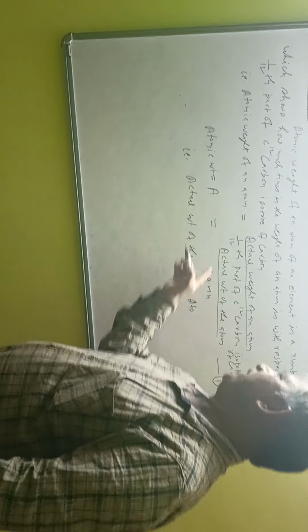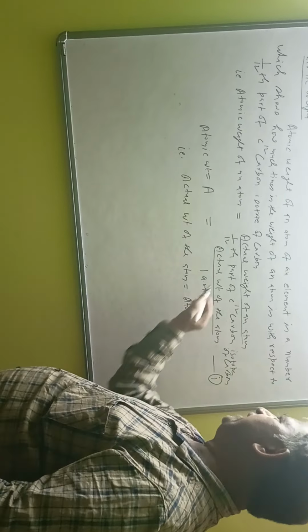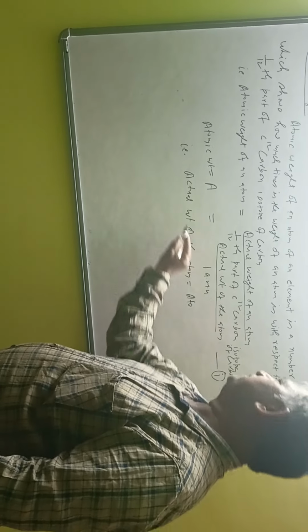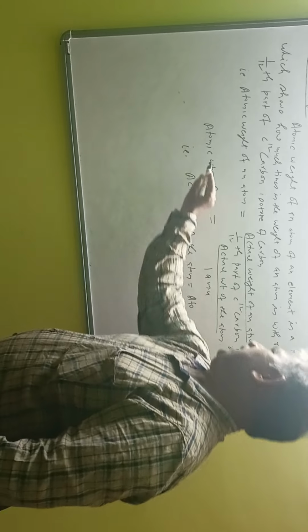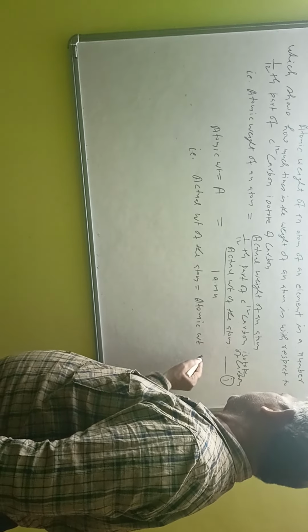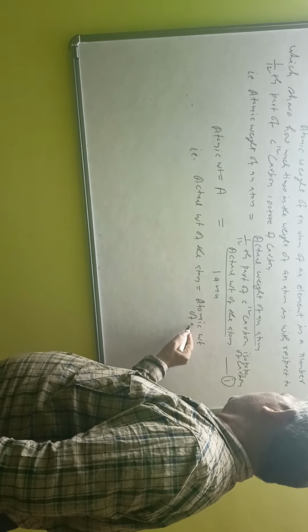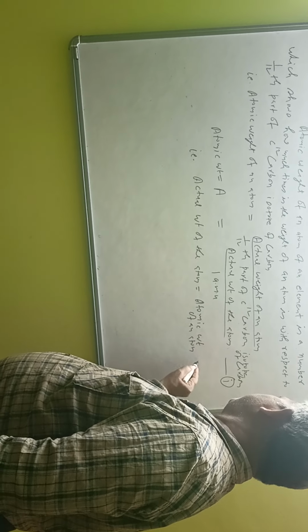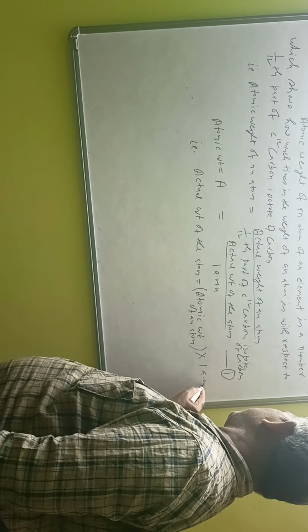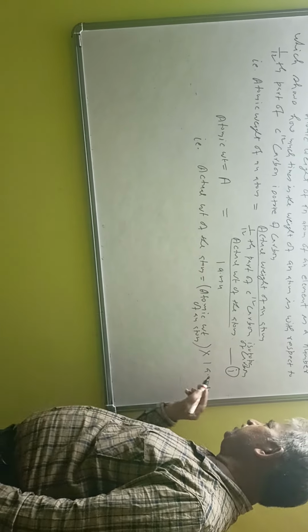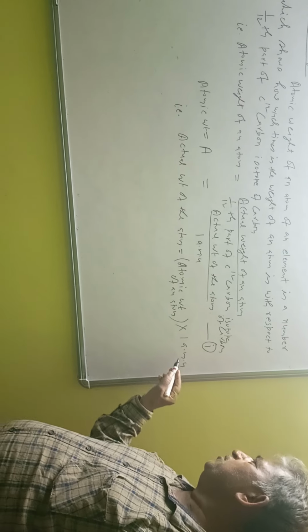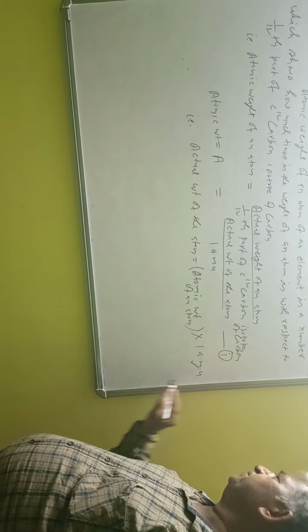So, by cross multiplication, we can get the numerator value, which is the actual weight of an atom, and atomic weight multiplied by 1 AMU. Since already in the previous lecture I have explained AMU or 1 AMU, you are aware of this one.